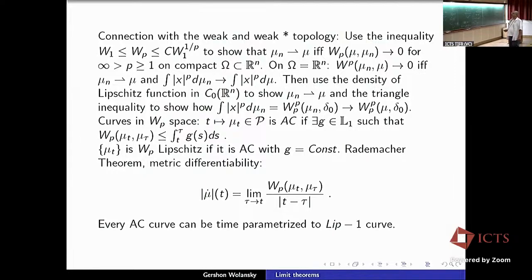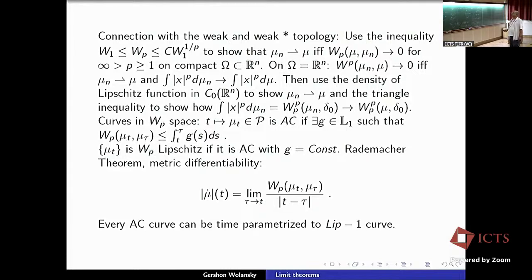It means that the distance W P between mu t and mu tau is controlled by the integral of some function g of t, which is in L1. This means that it is absolutely continuous, and if g is a constant, then it's Lipschitz.